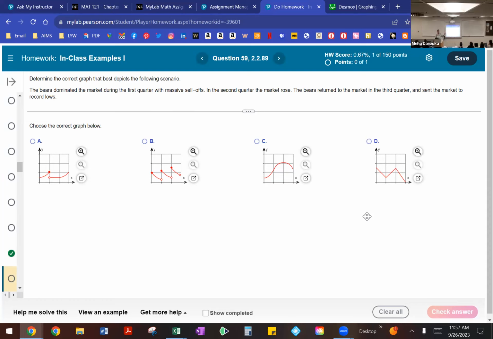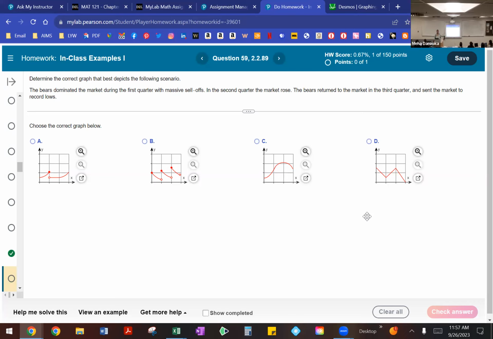Of course, we're talking about the stock market here. In the second quarter, the market rose. The bears returned to the market in the third quarter and sent the market to record lows. So we're talking about massive sell-offs, the market rising, and then record lows. So based on that description, which graph would satisfy our description?